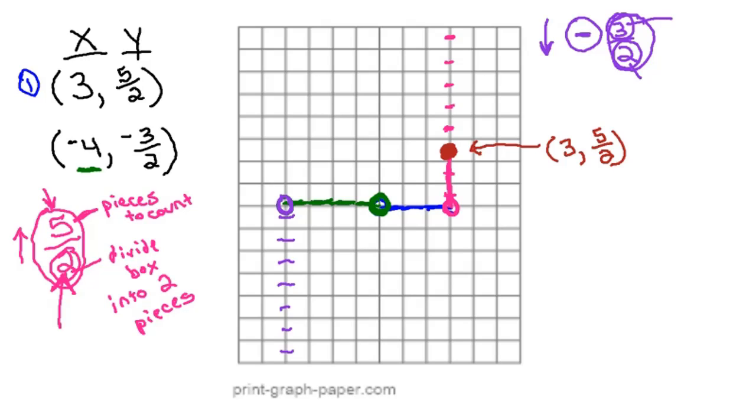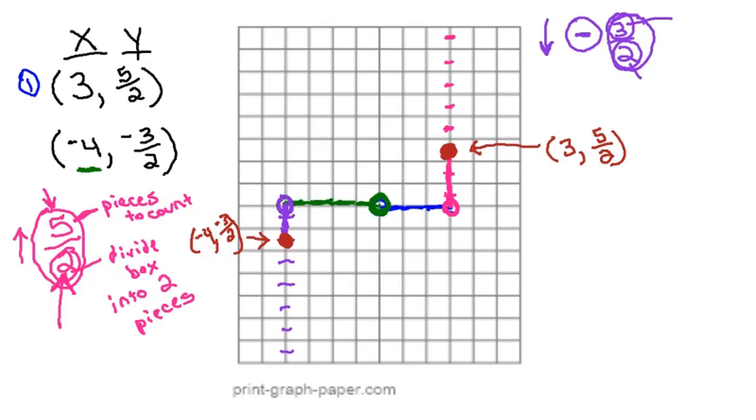So we're going to count down 3 pieces on the y-axis from where we left off at the x. So 1, 2, 3. 3 pieces. So I'm going to put my red dot there. So -4 and -3/2 is this red dot right here.